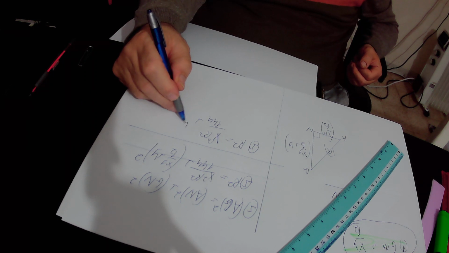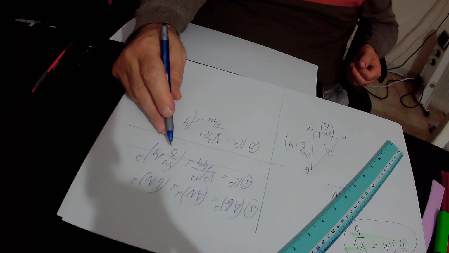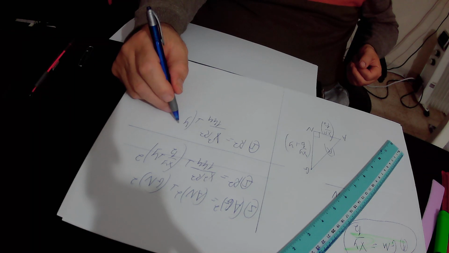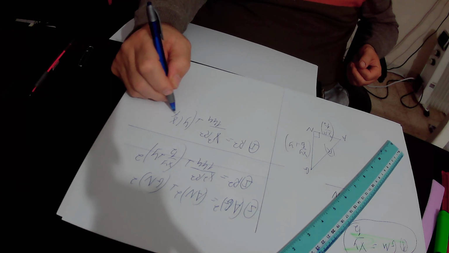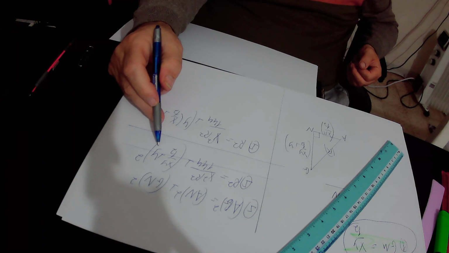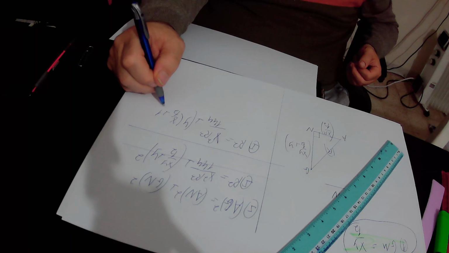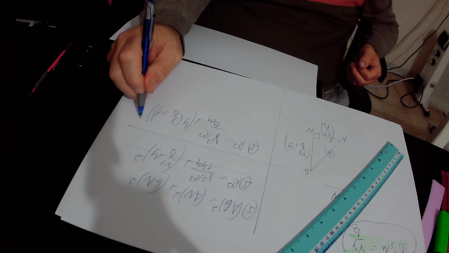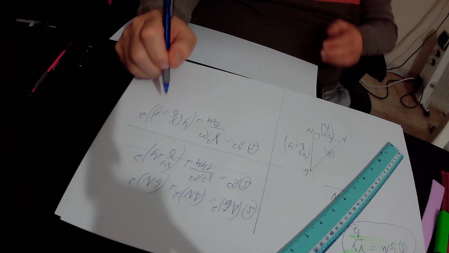Inside the brackets we will have x over 12 plus, we took y as a common factor, so inside the brackets we are left with 1, squared.